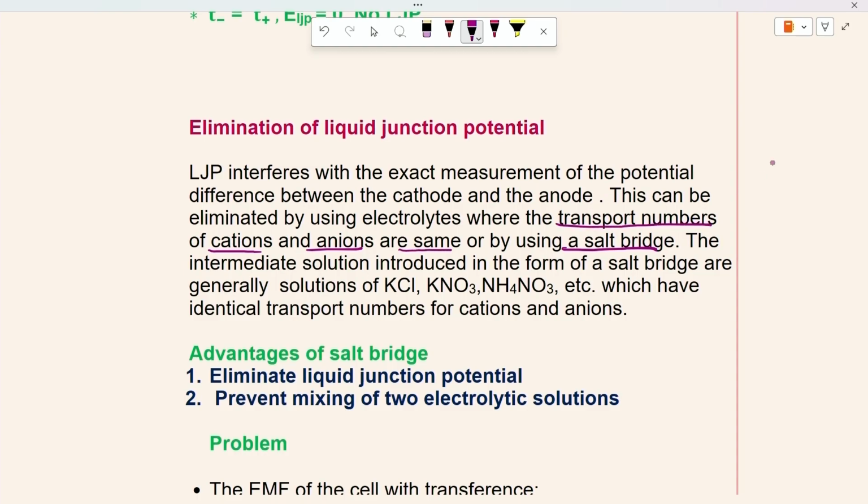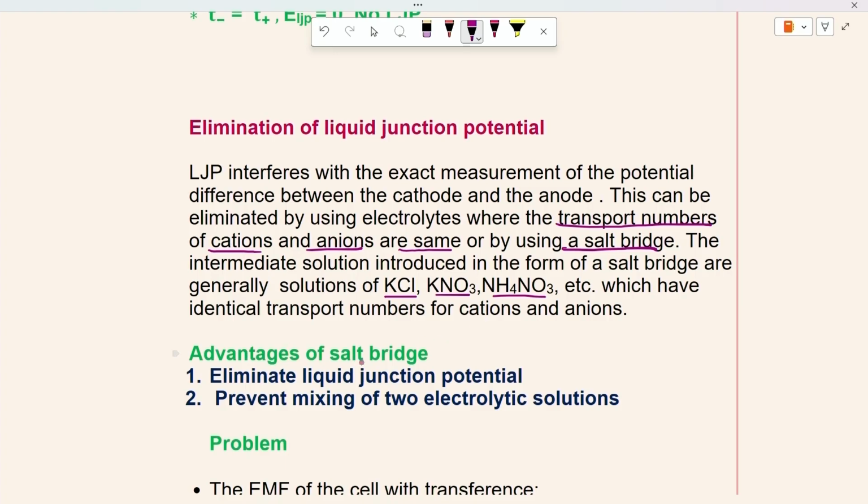So, you can eliminate that. And for a salt bridge, naturally what we use are solutions like KCl, potassium nitrate, ammonium nitrate, lithium acetate, all those electrolytes are generally taken, in which both have the same transference number, the cation as well as the anion. So, you can use a salt bridge also, which is a very easy method to do it.